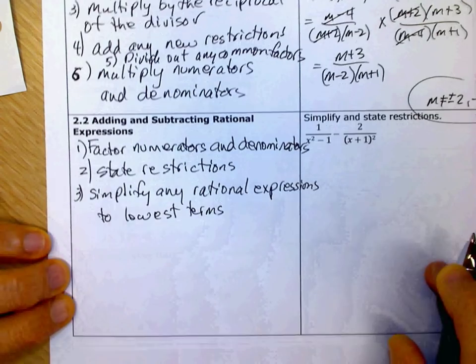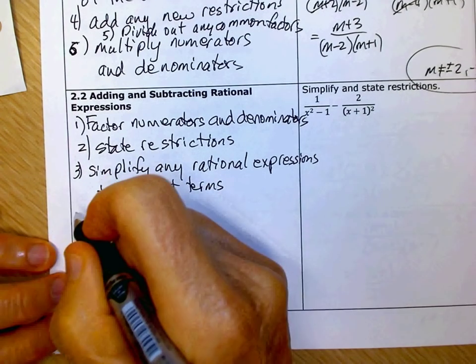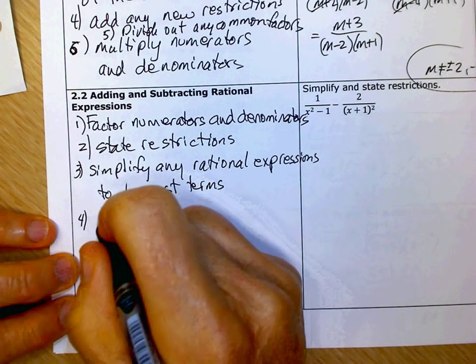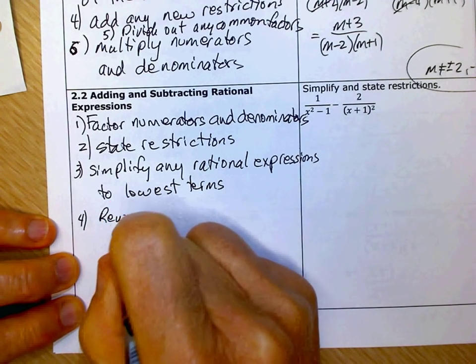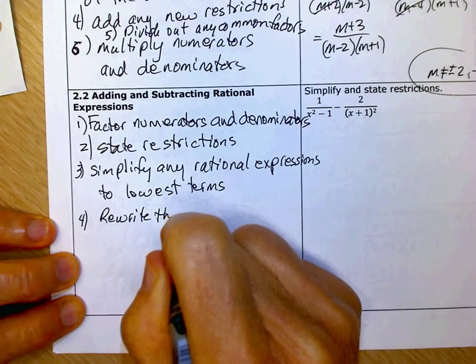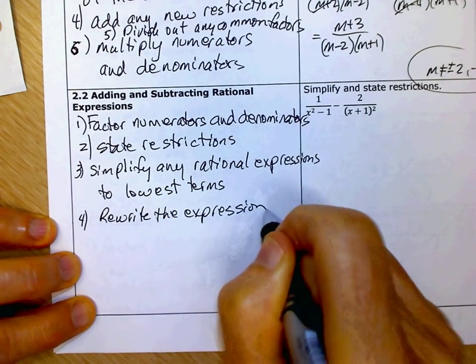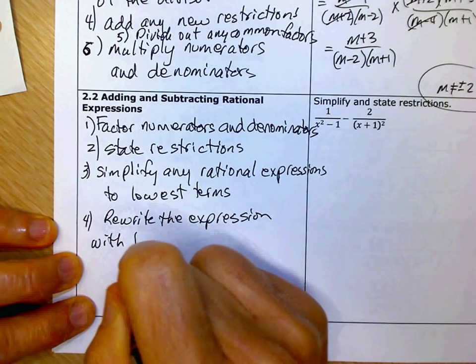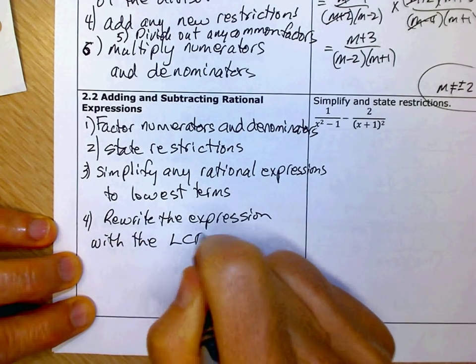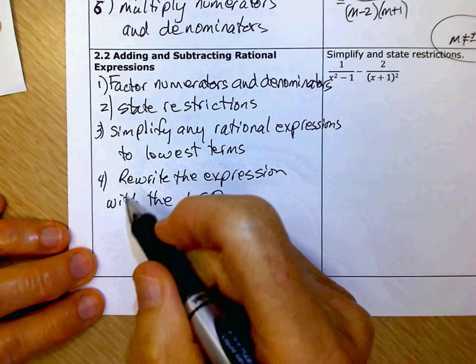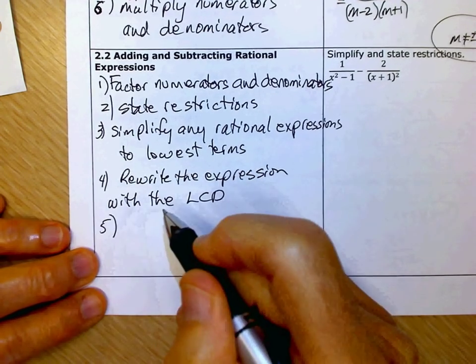4, rewrite the expression with the lowest common denominator. 5, add and subtract as the situation requires.